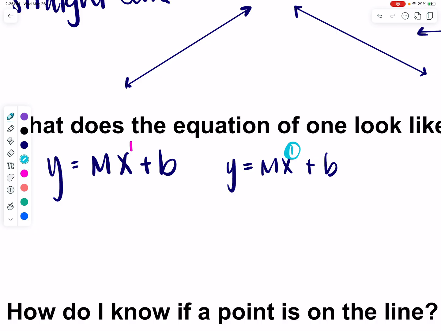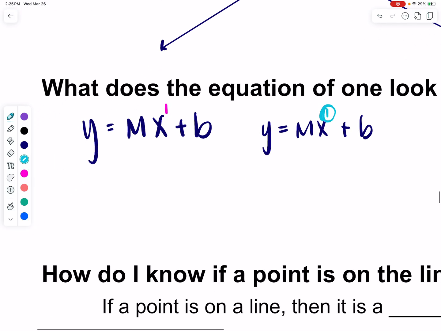We just don't write it when it's a 1. If you have an equation that looks like 3x minus 4, it doesn't look like there's an exponent up there, but it's a little imaginary 1. And as long as that exponent is a 1, it's a linear equation.